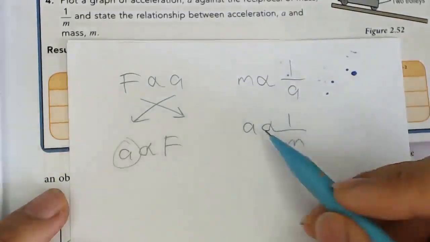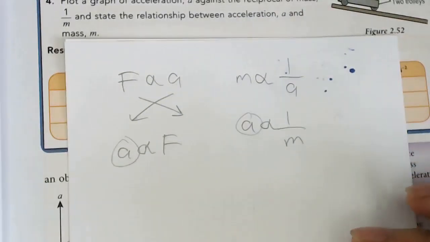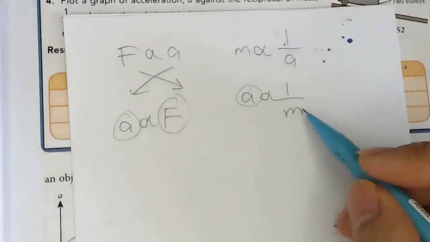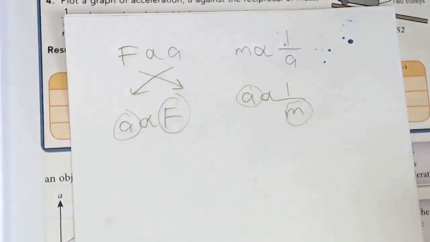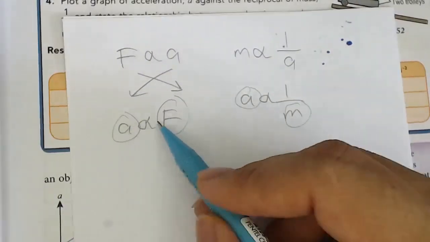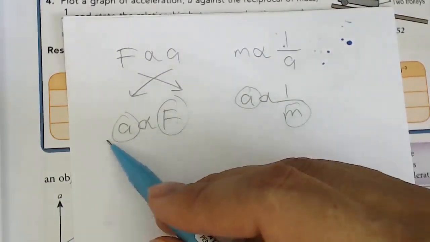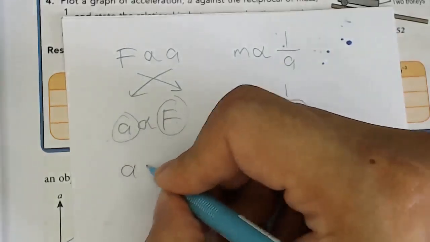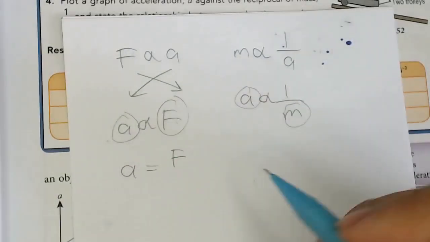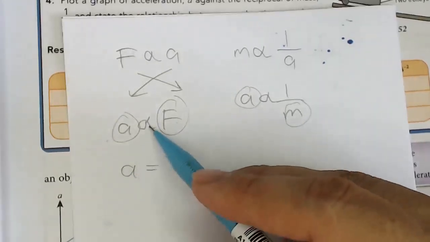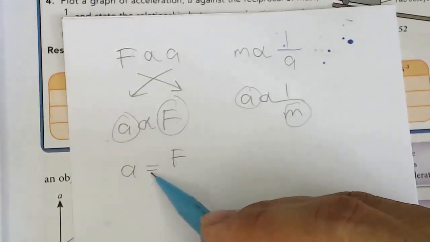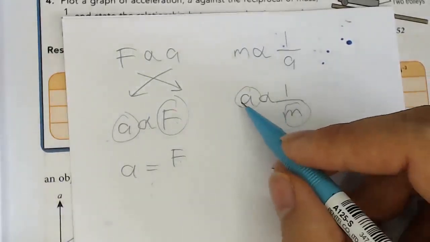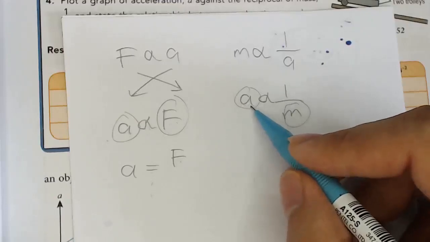So we have a at the front here, and we have the factor on the right side. Remember, whatever factor helps it, in this case a, we put on the upper side. This time we change this symbol to an equation symbol, and this m is inversely proportional to this a.